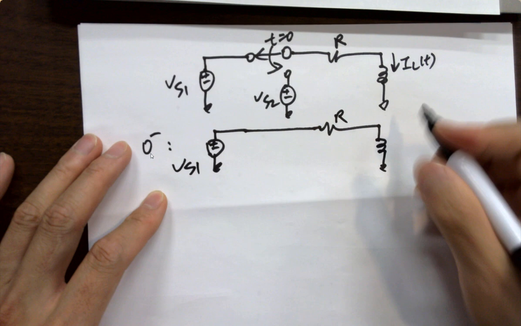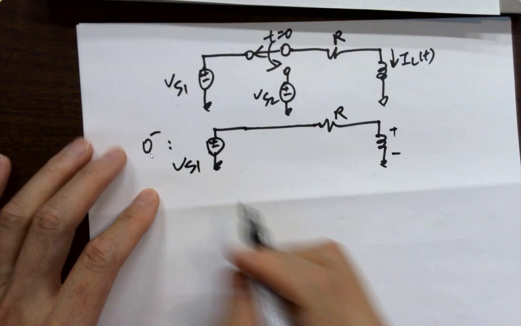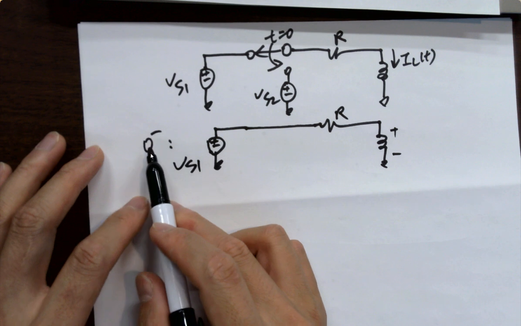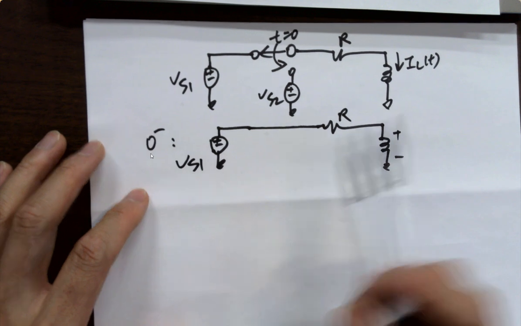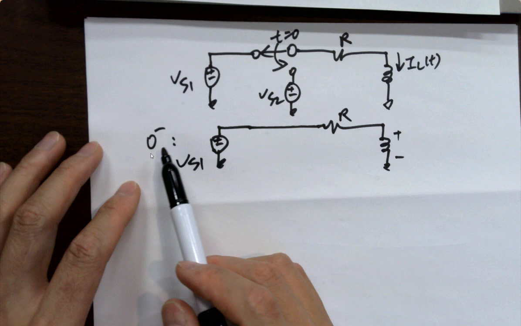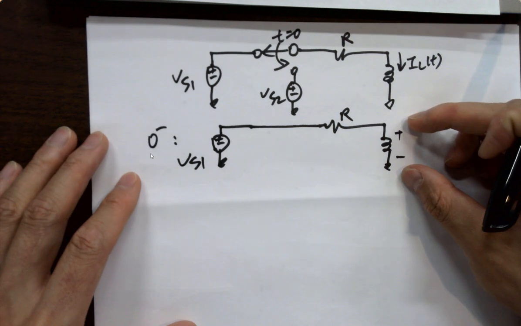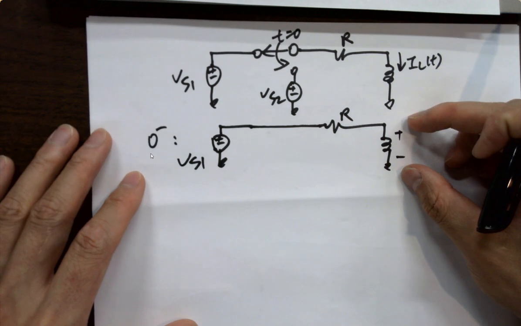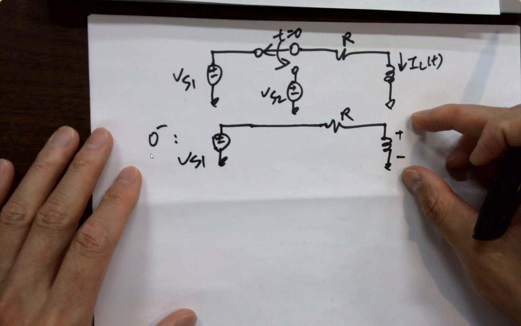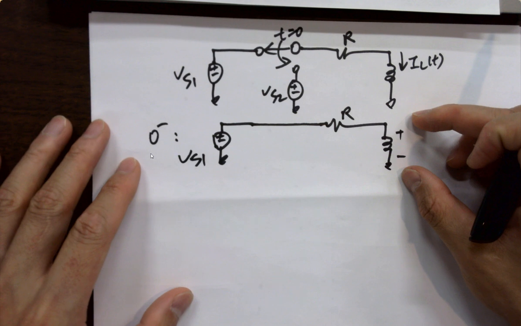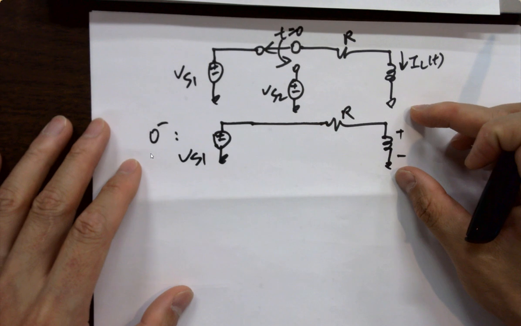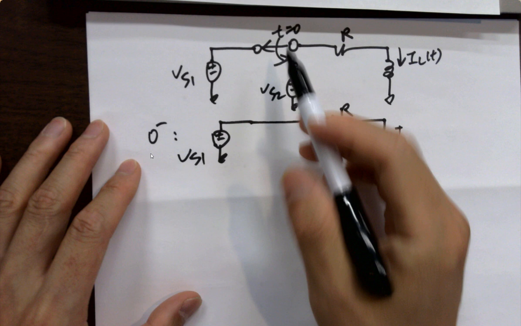Could you tell me what's the voltage across the inductor before time 0? It's been there for a long time. So what's the voltage across it? No voltage. Inductor is a wire. No drop, right? Before you switch.